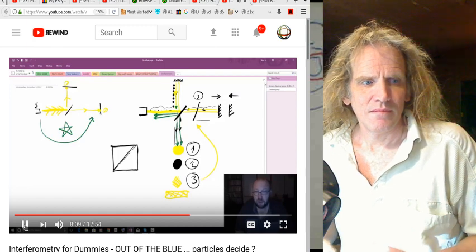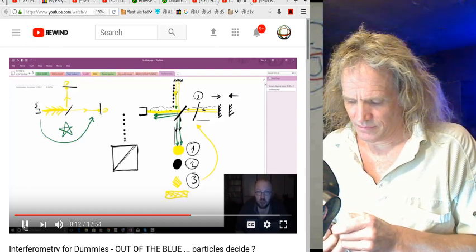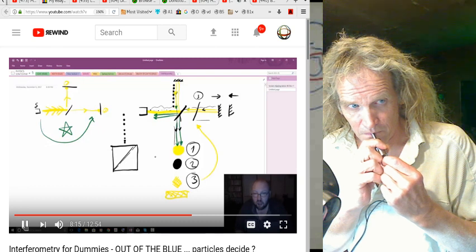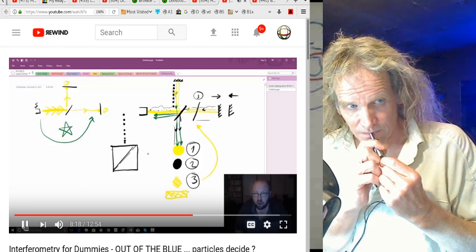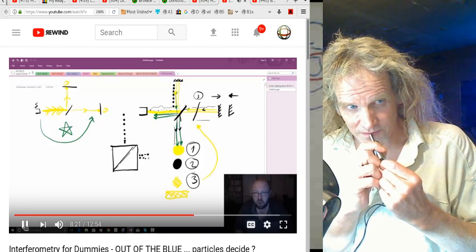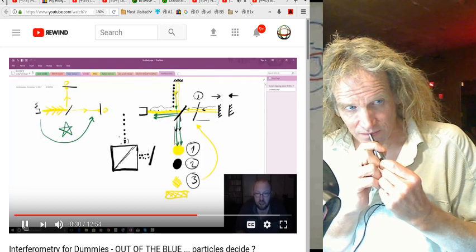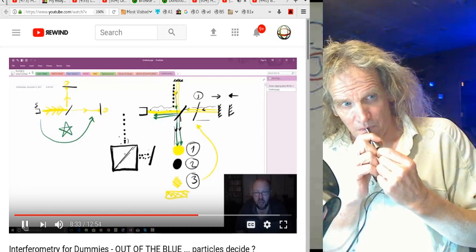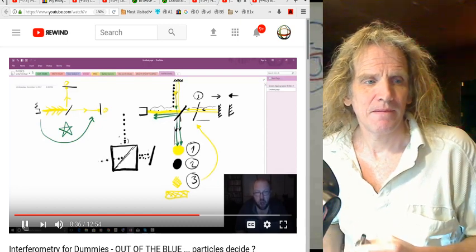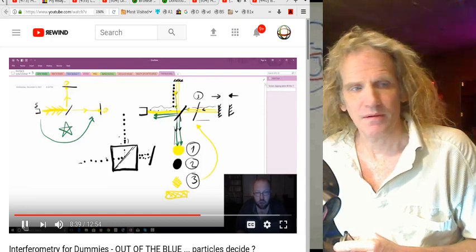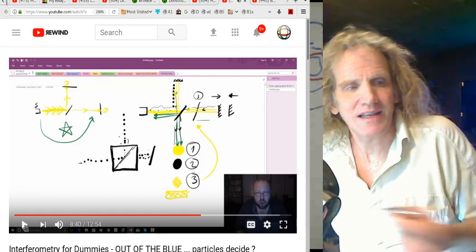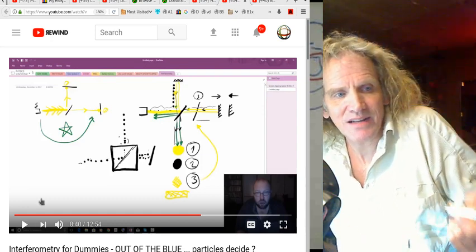Beam splitter, solid particles meeting it, suddenly losing the stream of particles on this side by the intervention. These particles and this structure are somehow saying, oh, hang on, he's put a piece of card in, let's all go back to the source. Again, he says that happens. So that's not even accurate.